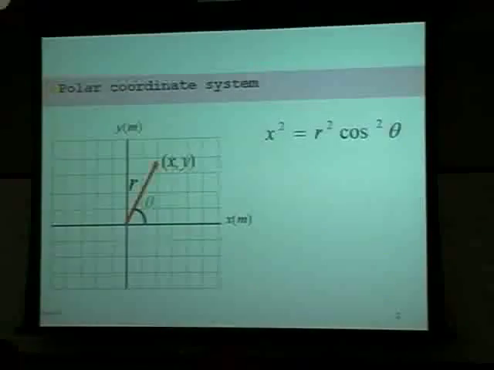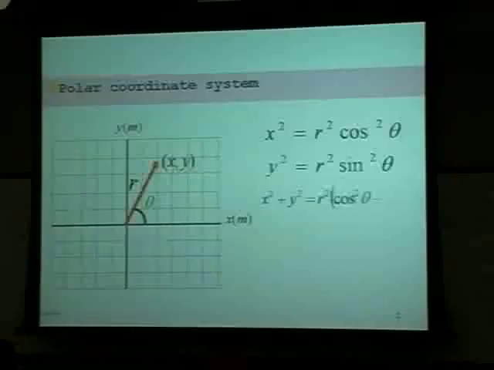Continuing on, if I were to square the value x, I would get x squared equals r squared cosine squared theta. And do the same thing with y. y squared equals r squared sine squared theta. So if I were to add the two, x squared plus y squared, I would get r squared times, in parentheses, cosine squared theta plus sine squared theta, which is a fancy name for what? So that's just 1.